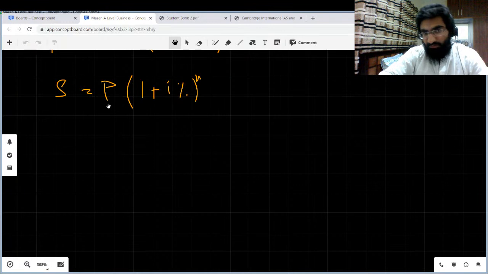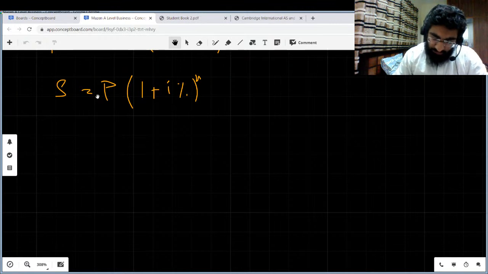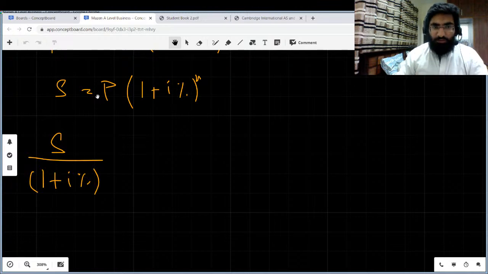If you're given the present value of something and it is growing at a certain percentage, this is how you calculate future value. But if you want to calculate the present value, then you have to rearrange this equation so that S divided by 1 plus I percent raised to the power n is equal to P. This is how you calculate the present value.